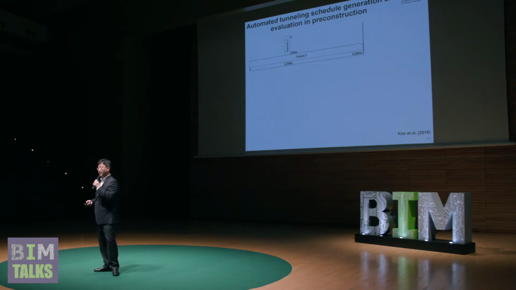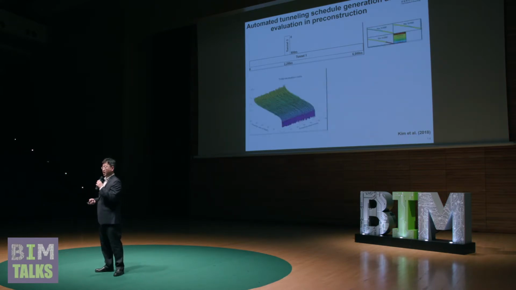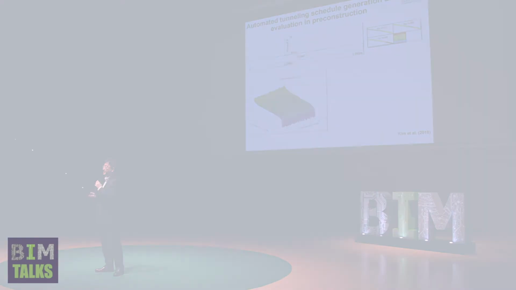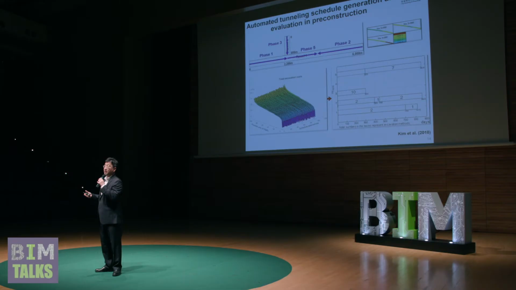I applied this method to one 6-kilometer tunnel in pre-construction. We considered 100 scenarios of ground conditions, and this method generated more than 100 schedule alternatives, and then identified the best schedule considering multiple possible scenarios of ground conditions.